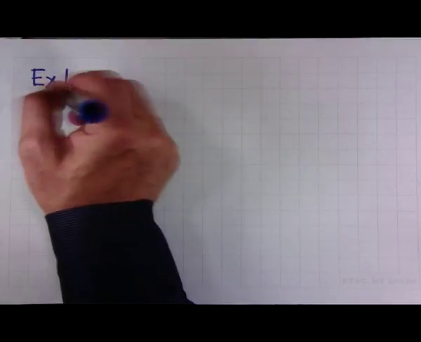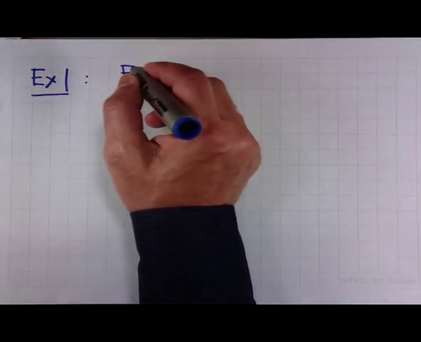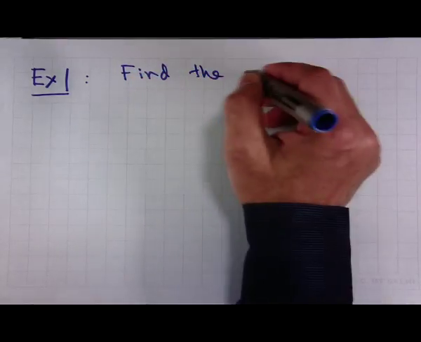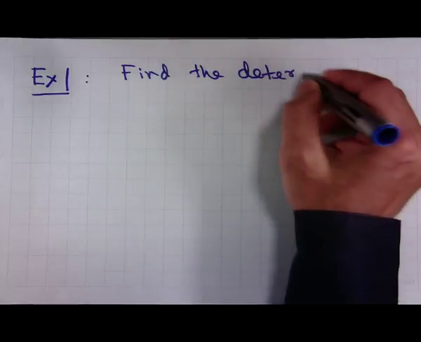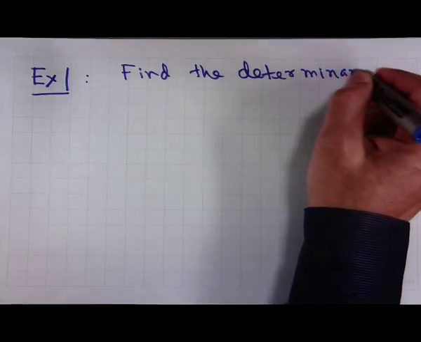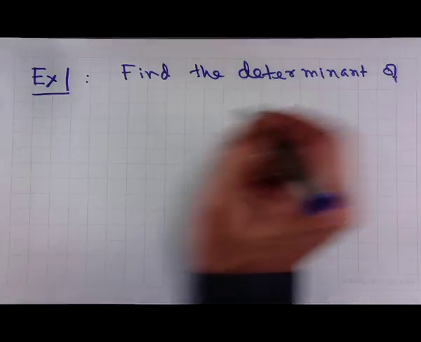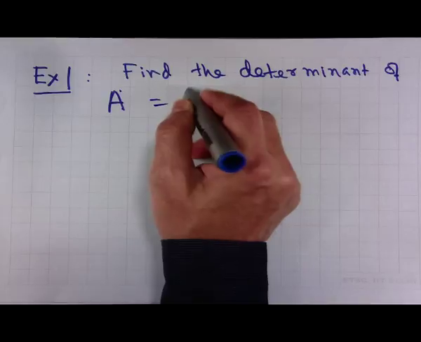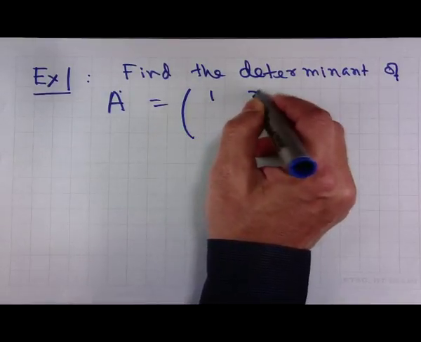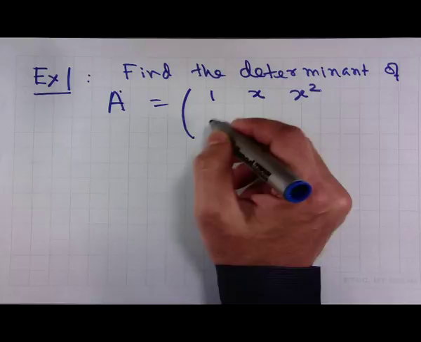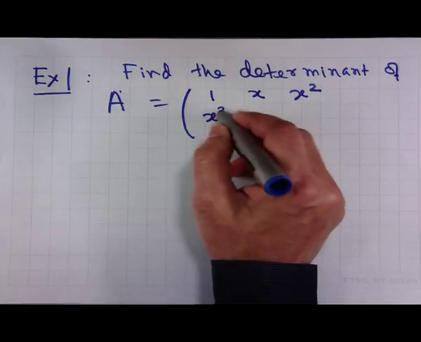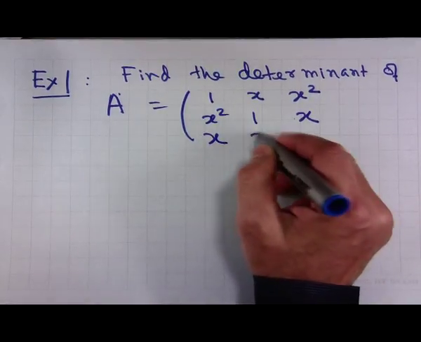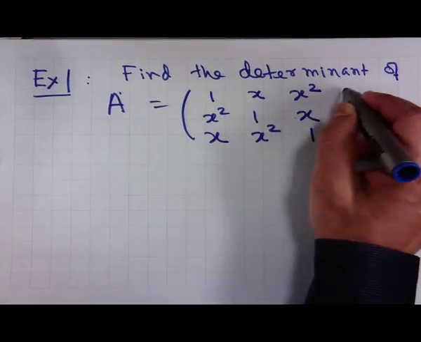Consider example 1. Find the determinant of A equal to the matrix with rows 1, x square, 1; x, 1, x square; 1.